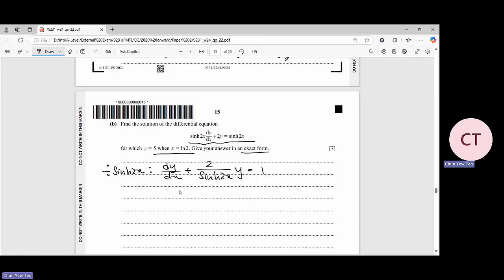Okay. Then over here, our IF is equal to e to the power of the integral of 2 over sine 2x. But 2 over sine 2x is actually 2 cosec 2x.